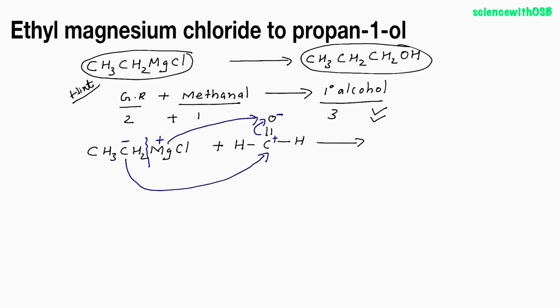And what will you be getting? See, first I am writing this part. On that carbon, H is there. Correct? And it carries a positive charge. On that carbon, who is coming and attaching? CH2, CH3. Correct? Now on oxygen, who is attaching? O, MgCl. Understood, right?